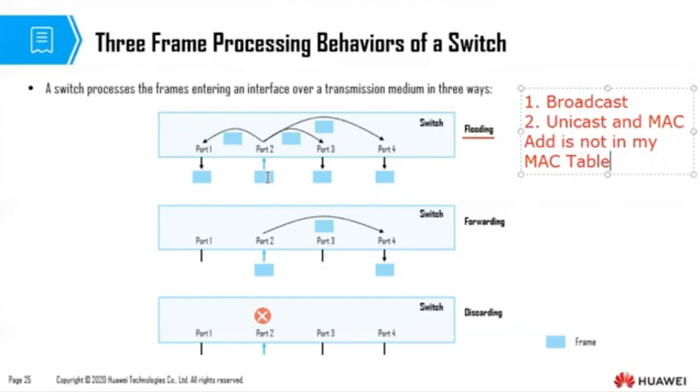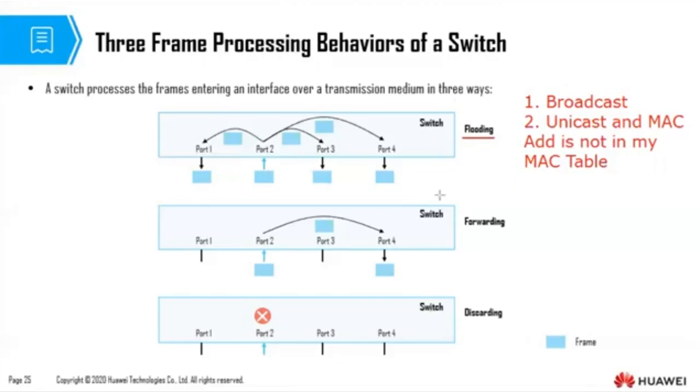Number 2, if I receive a frame, check my MAC address table, and don't find the destination MAC address there, then I'll simply flood it, sending it out through all the other ports other than the port that received the frame. Those are the 2 instances in which we do flooding.